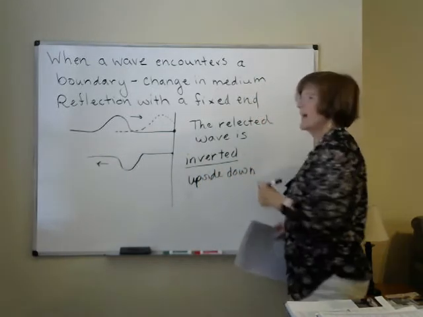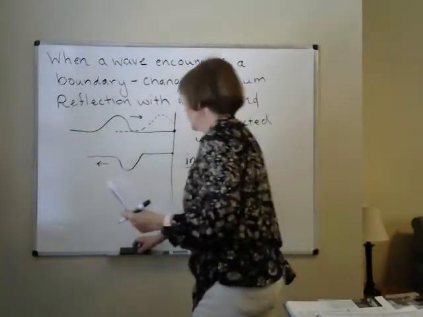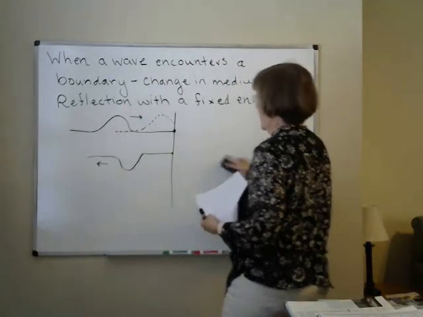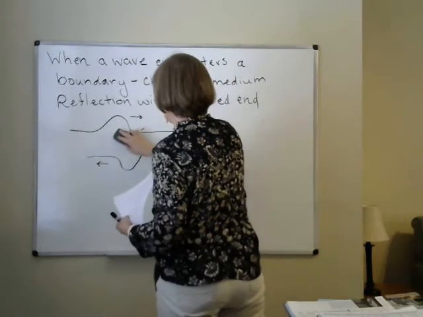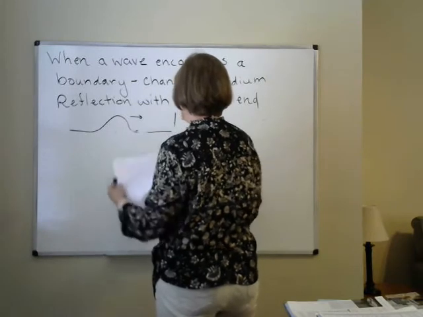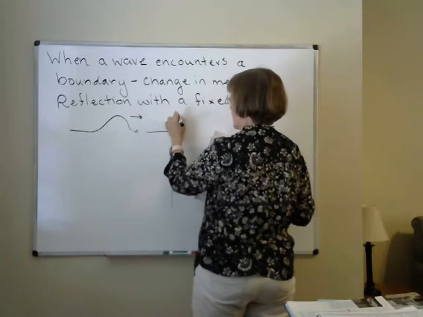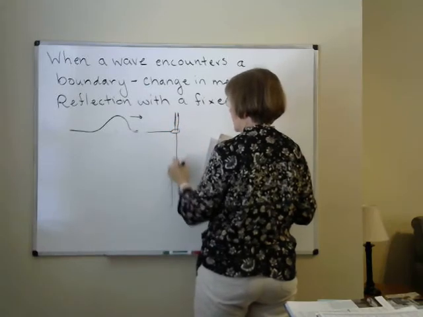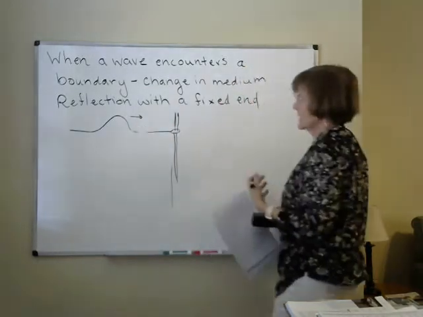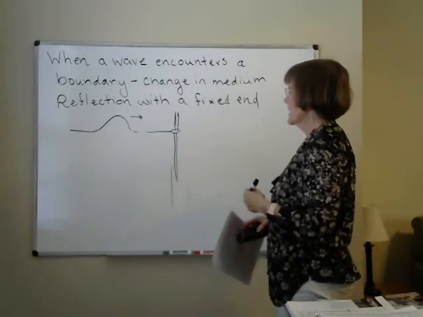It's easier to see that if I have just a single pulse. Now, what if that end was not fixed? Let's suppose we change this. And instead of being fixed, we can envision that this has got a ring or a loop, and it's just going around some kind of pole, just something to hold it in place. Well, now, when the wave reaches the end, it is not pulling up on the wall because it's not attached to the wall.